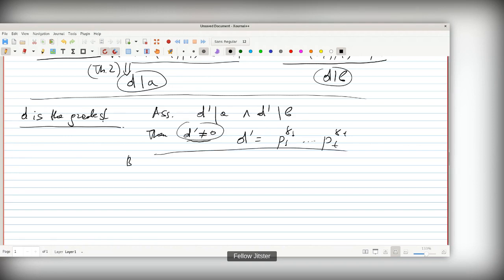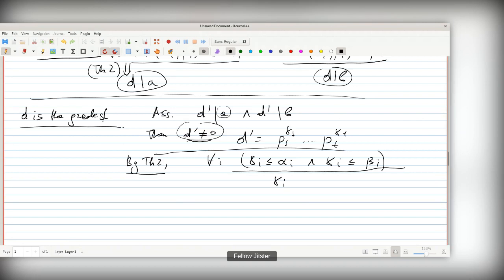By the same divisibility criterion, or theorem 2, we have that for each I, gamma I is less or equal than alpha I, the degree pi has in the factorization of A. And likewise, of course, gamma I is less or equal than beta I. Taking these two together, we have that gamma I is less or equal than the minimum of these two values.